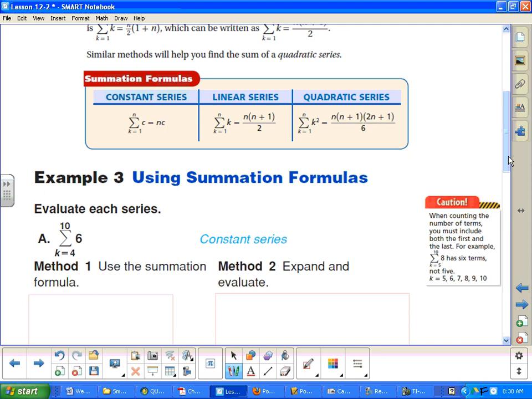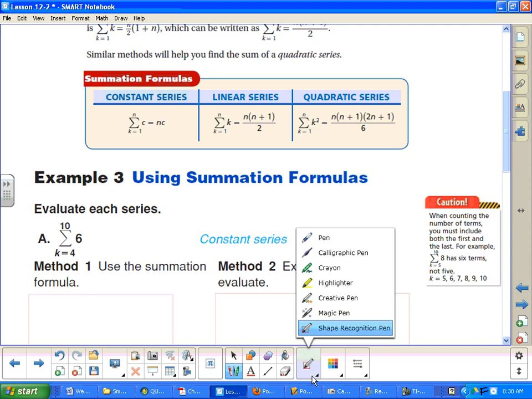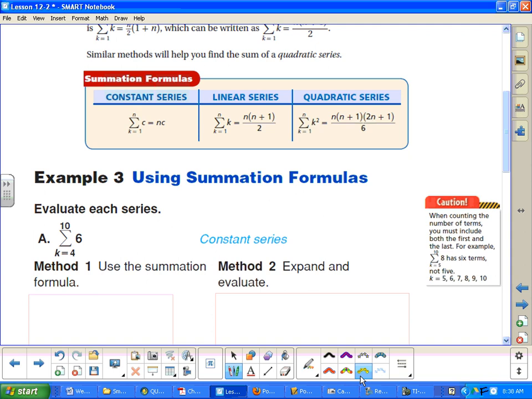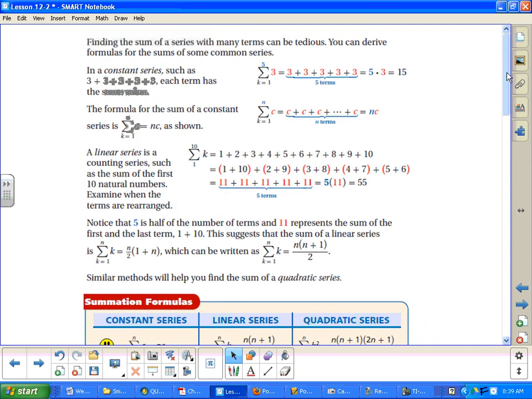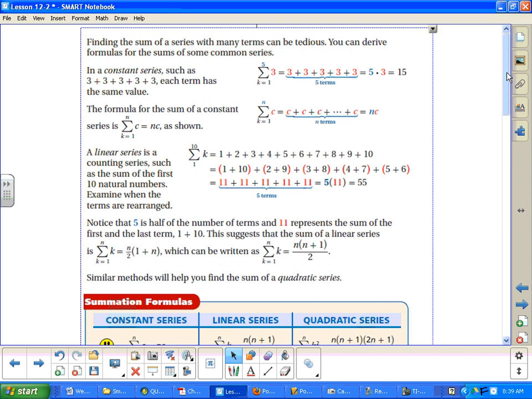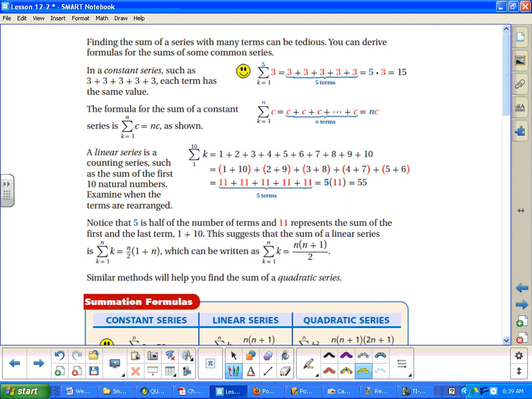So if we have a constant series, then however many times we're adding that constant together, we could just multiply those together. Okay? So like here they show an example of adding 3 together 5 times. So this is an example of a constant series here. Then I have the sum as k goes from 1 to 5 of 3, which just means I'm going to add 3 together 5 times.